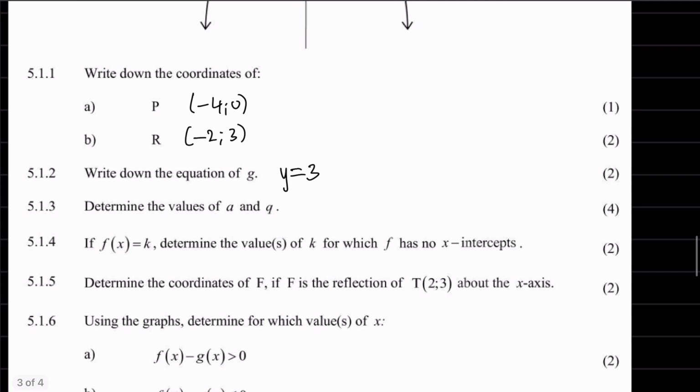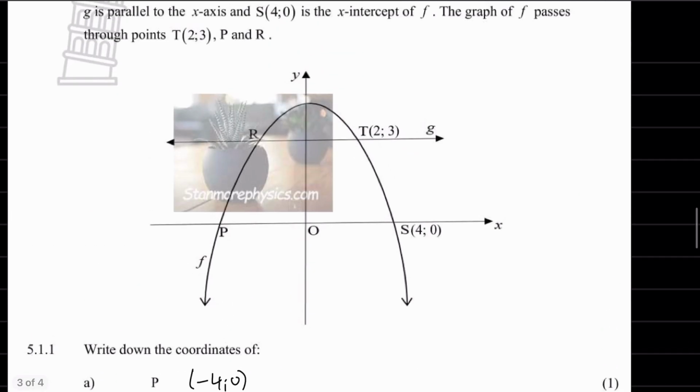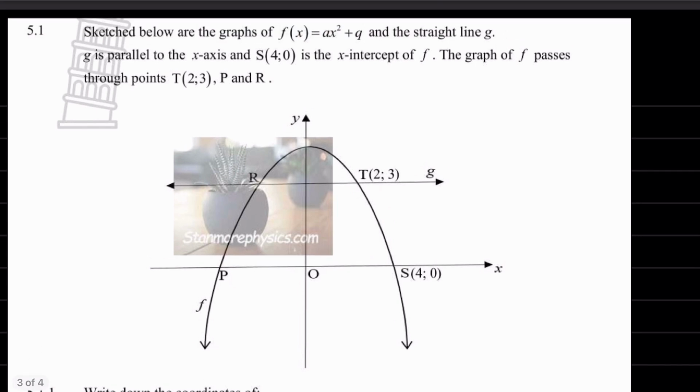Determine the values for A and Q. Now you can see here that the marks, 4 marks, so there is going to be some calculations involved, though. Let's look at what we know. So they want to know what is the value for A and Q. A and Q, they're referring to the parabola. And what do we know about the parabola? Not much, but we know that this point right here is minus 4 and 0.